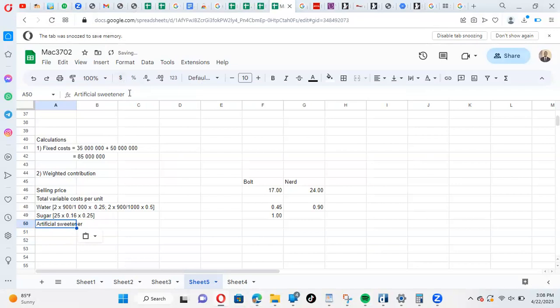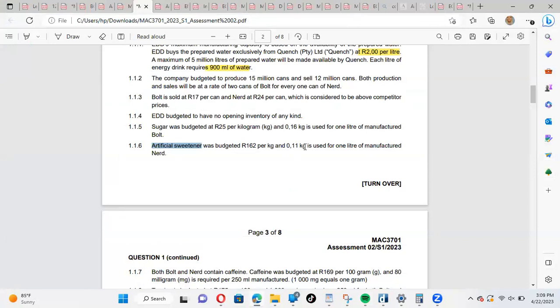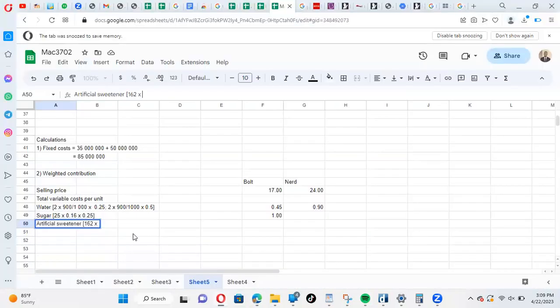Artificial sweetener. It's 162 kgs times 0.11, and then times 0.5.